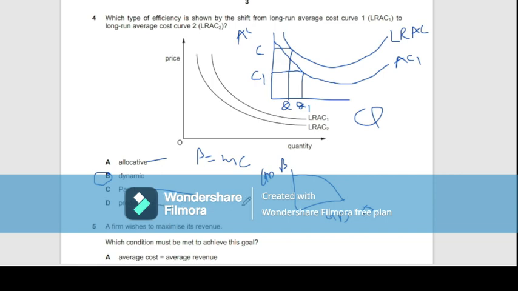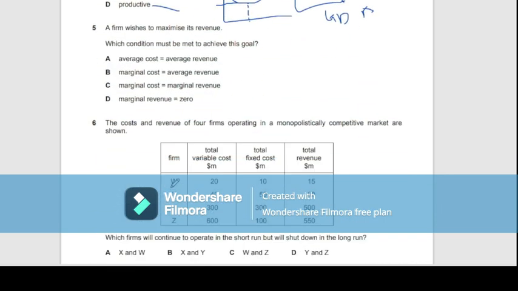Productive efficiency occurs when we are producing output while operating at the lowest point of the long run average cost curve. So this point. So that will be productive efficiency for a firm. For the economy, anywhere along the PPC will be productively efficient.